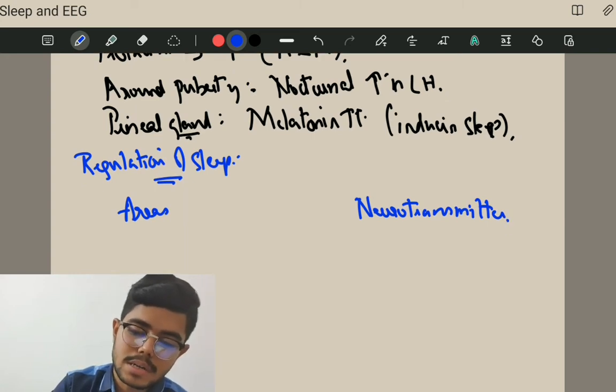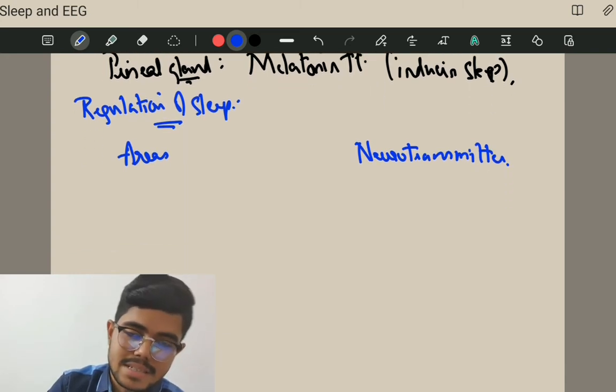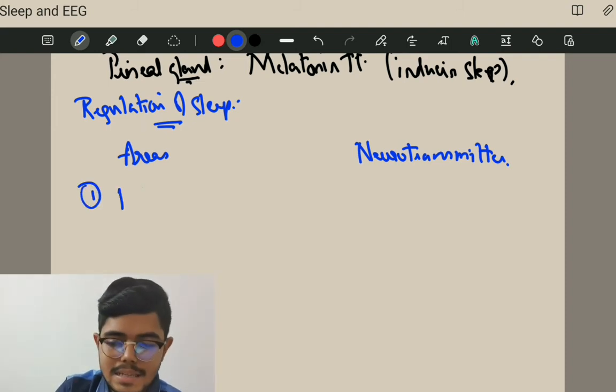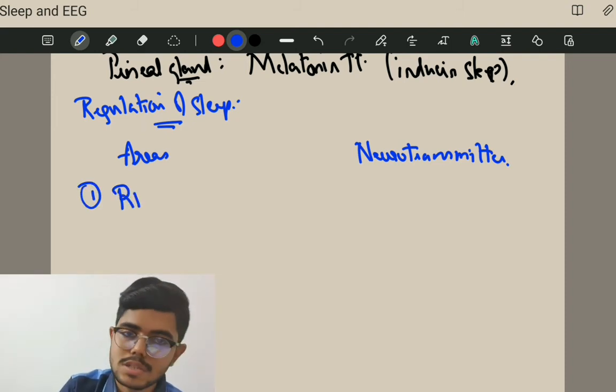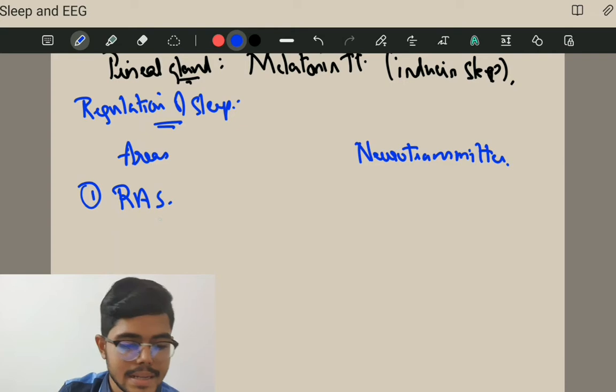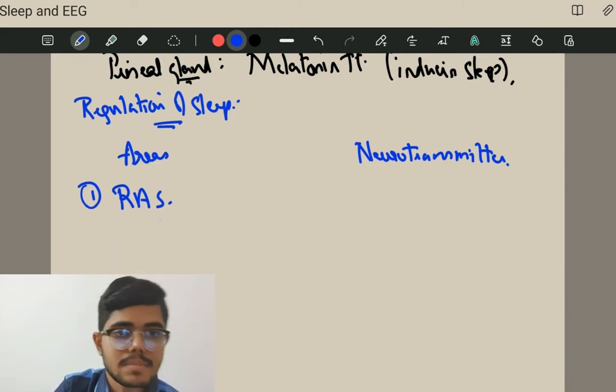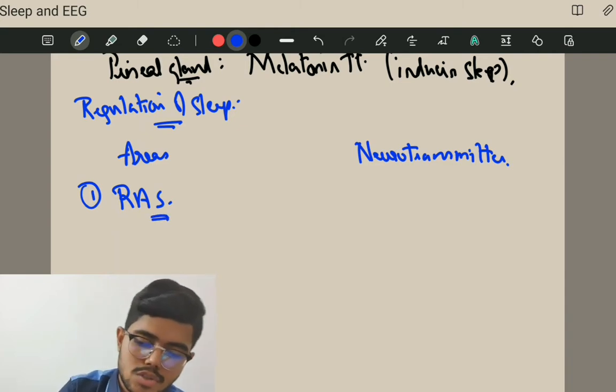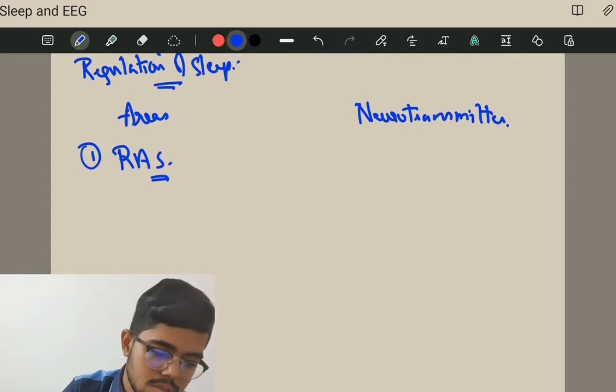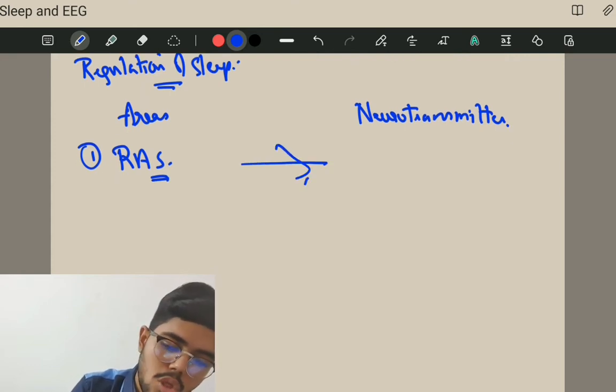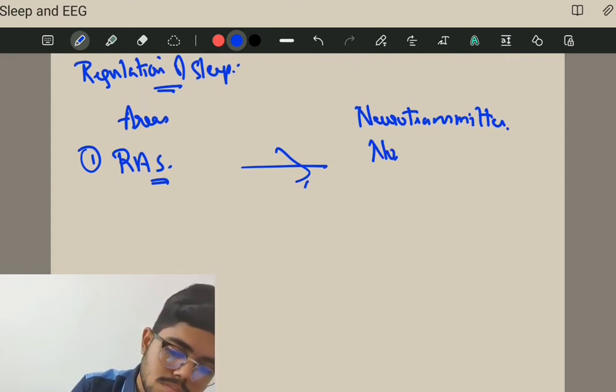So the first important area that we have discussed is the RAS. What is this? Reticular activating system. RAS is nothing but the reticular activating system. So what is the neurotransmitter produced? Very simple, that is norepinephrine.